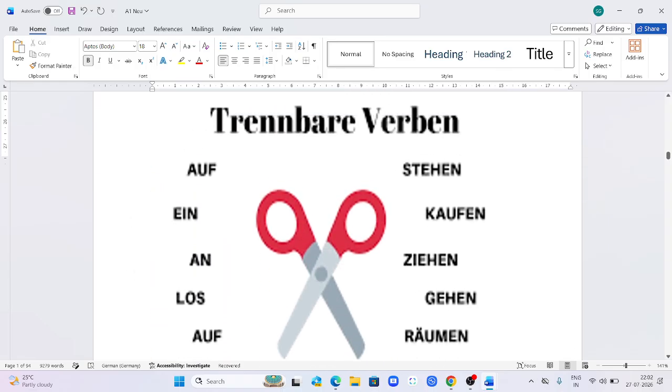After modal verbs, we learned trennbare Verben. Trennbare Verben means separable verbs. When do we separate? When we use it in a sentence, we separate them. It has generally a prefix and the main verb. The prefix goes to the end when there is no modal verb. When this is the main verb, it gets separated and the prefix goes to the end. Like how will you say I wake up at 5 o'clock every day?